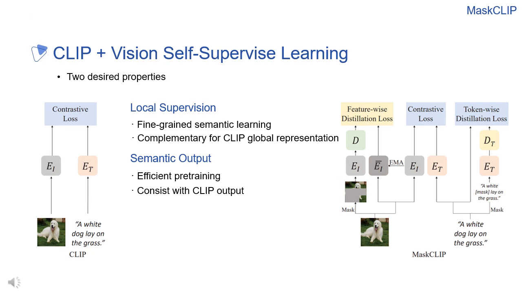We use mask image modeling for the first property and mean teacher self-distillation for the second property, and we have our new method named mask self-distillation. It can be seen that we use a momentum encoder to provide the feature prediction target, so that the supervision is local and semantic. Furthermore, we also add language modeling in the text branch of MaskCLIP to further improve its performance.